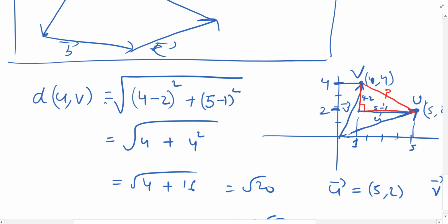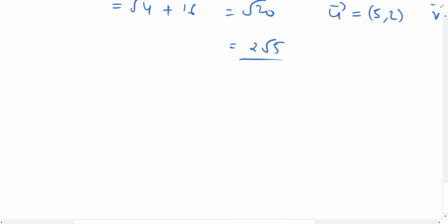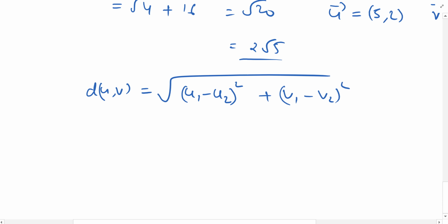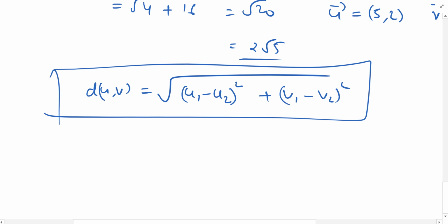So you can find any distance by using that formula. The formula is the distance between u and v is the square root of (u1 minus v1) squared plus (u2 minus v2) squared, and these are the coordinates of the points.